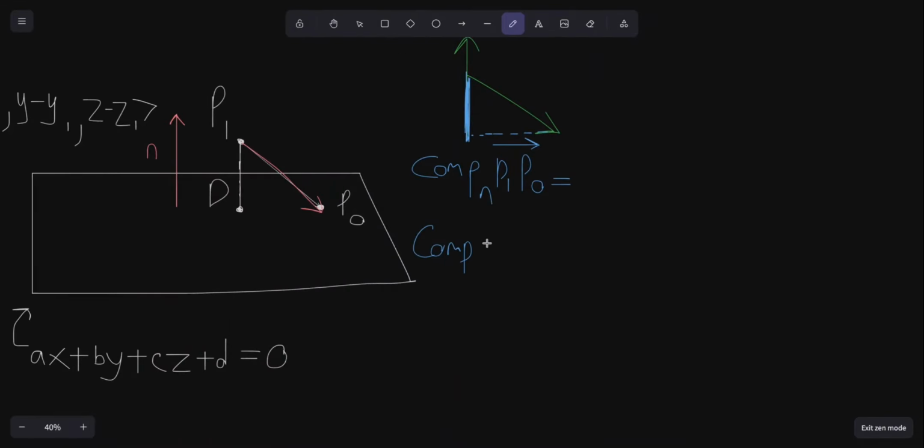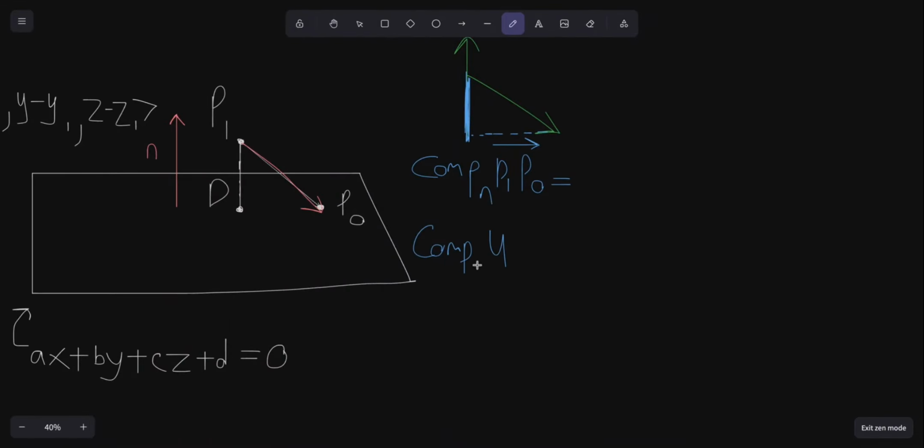Now recall the formula, all right? The component of u along v is going to be equal to u dot v divided by the magnitude of v. So in this case, we're going to do the same thing, except this time we're just going to take the dot product between p1, p0 and the normal vector, divided by the magnitude of the normal vector.